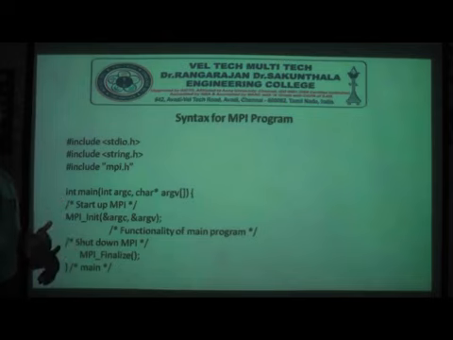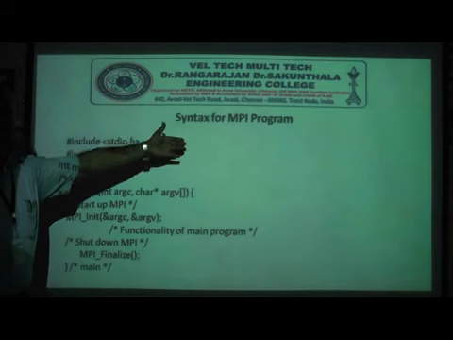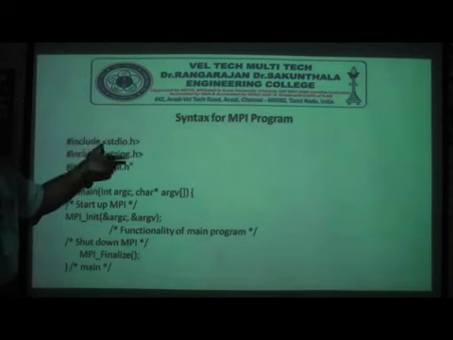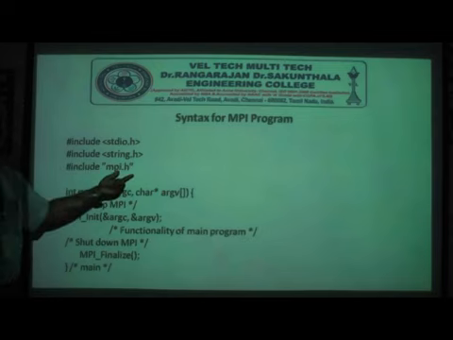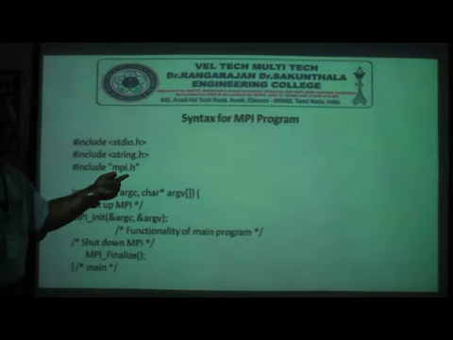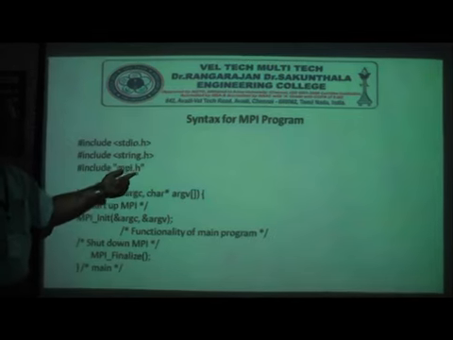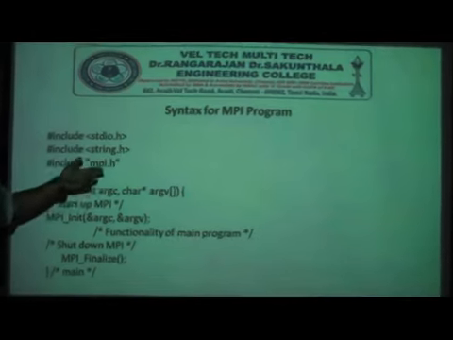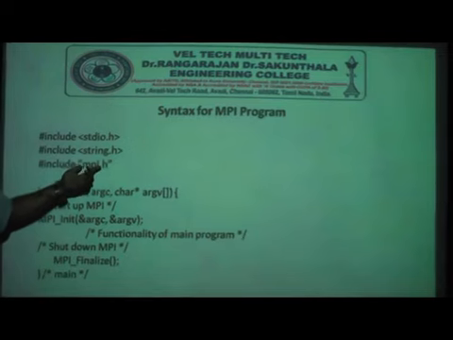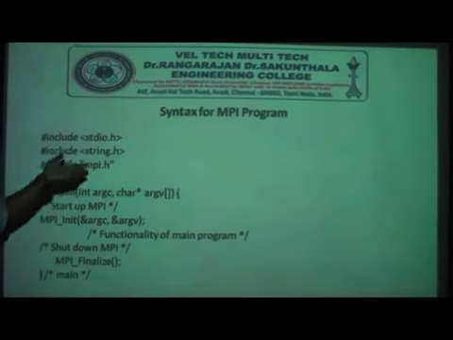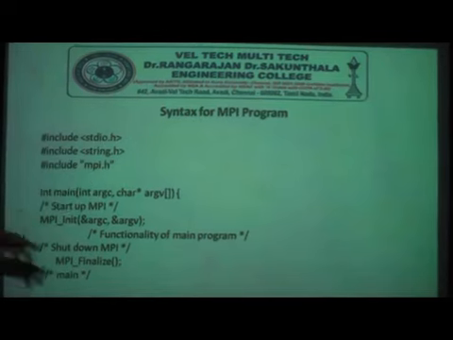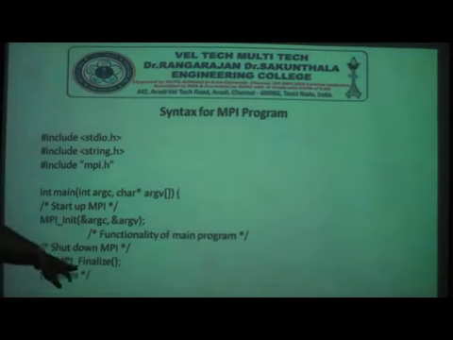So a lot of header files are available. In this scenario, we are using an MPI program. If you want to include the MPI functionality, we use the header file mpi.h. So mpi.h is nothing but the message passing interface header file. We should include mpi.h, which is used to use functionality like the initiate command and finalize command.